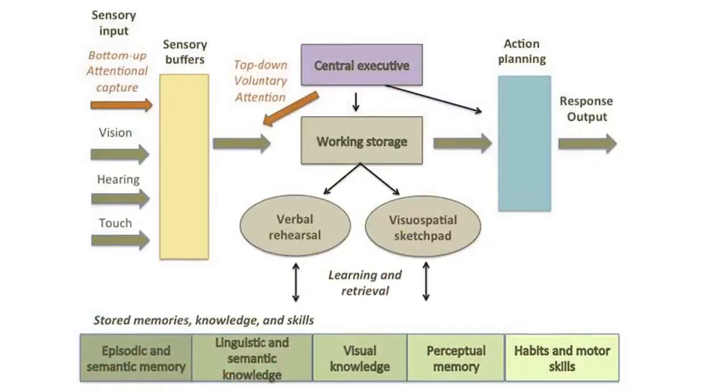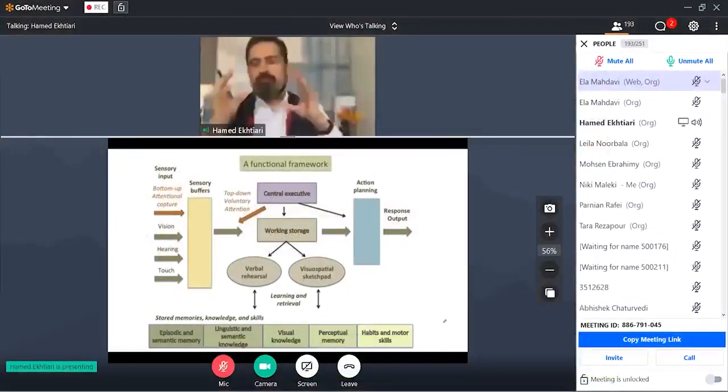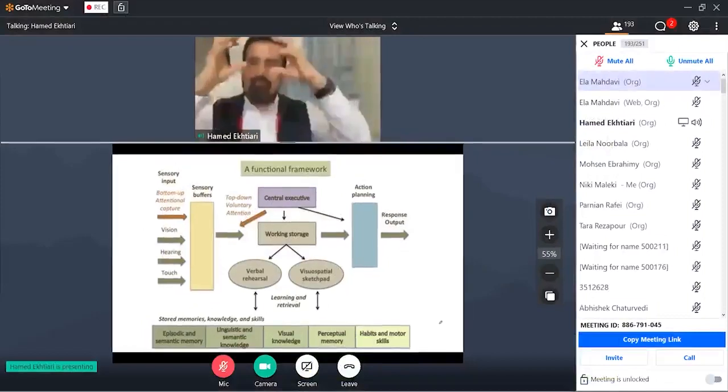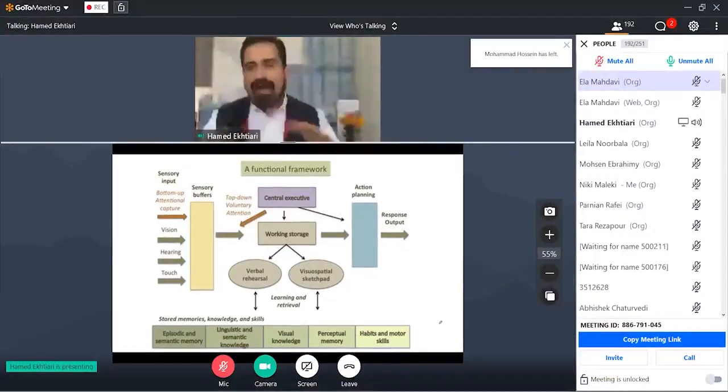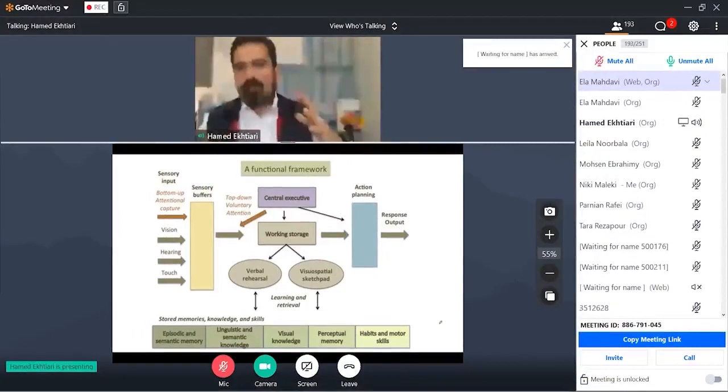Okay? So this really simplified framework is giving us what we call a functional framework. A simplified model that would help us to have an idea about, okay, we have working memory, we have some executive functions, we have memory, we have some action planning functions, we have some sensory processing functions, and these functions are working together.